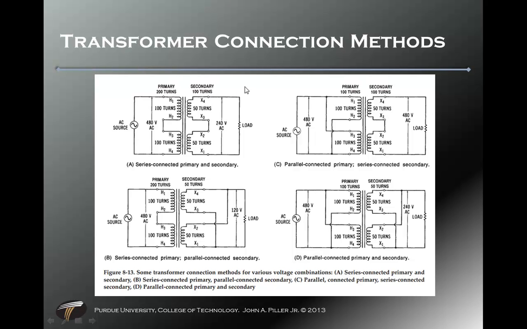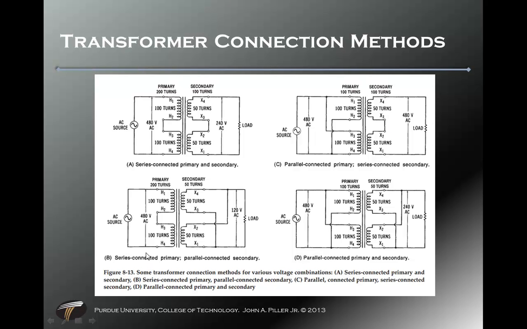We're going to talk about what the turns have to do, but as you can see, it's the ratio, 1/2, that causes the drop here. If we put the primary in parallel and the secondary in series, you end up with 100 turns to 100 turns, and that's a 1-for-1 ratio.